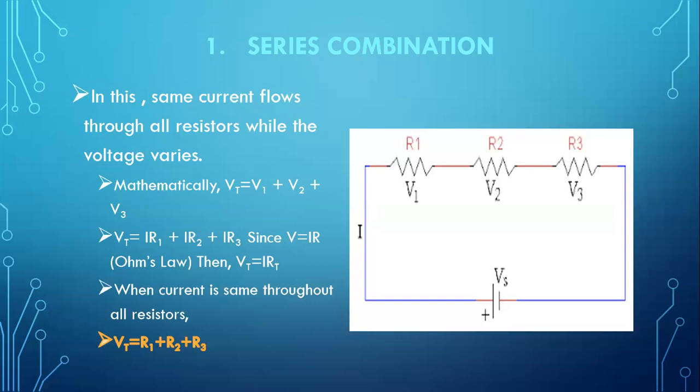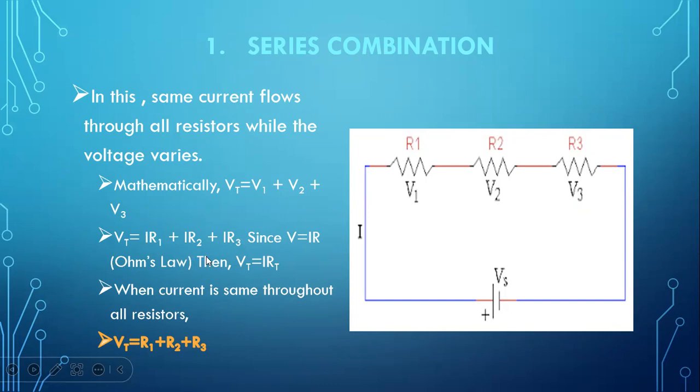Since current is the same throughout all the resistors, current will remain the same, but the resistance will vary for each resistor, resistor 1, resistor 2, and resistor 3. So from Ohm's law, V total will be equal to I times R1 plus I times R2 plus I times R3.